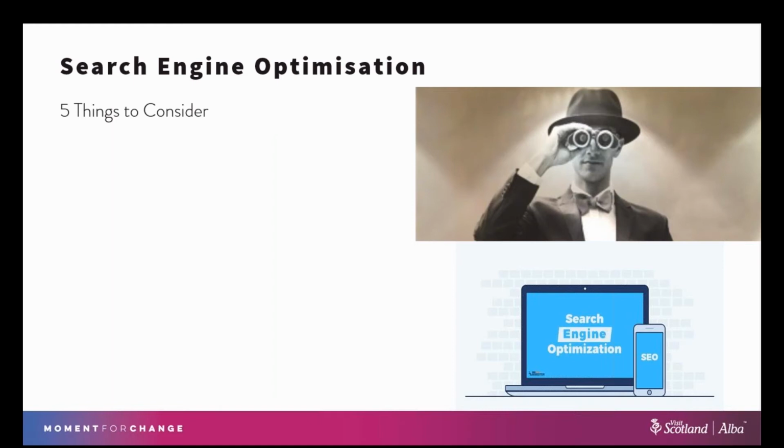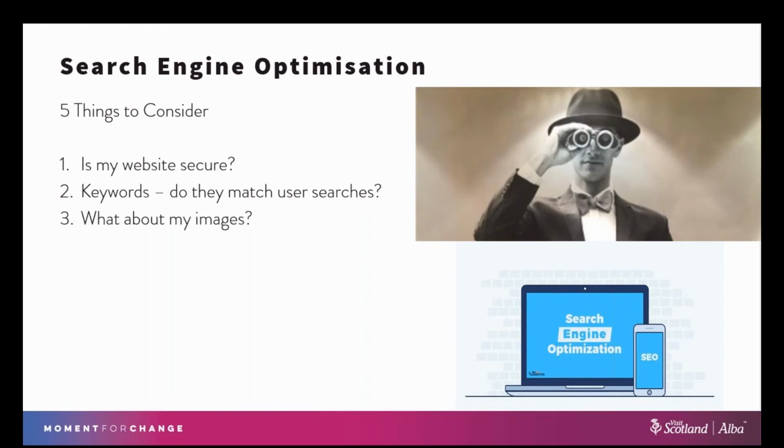Let's look at 5 things. I've thought of 5 hopefully things that aren't too technical, areas that aren't too technical that you might want to consider. The first of those around website security. Then perhaps what about the terms that people are searching for? The images that appear on your website, what impact do they have on SEO?